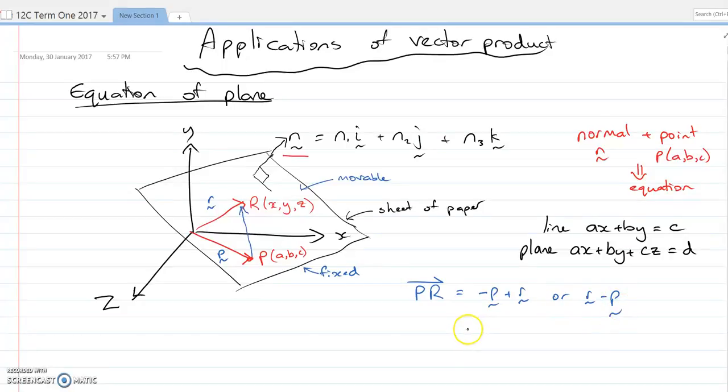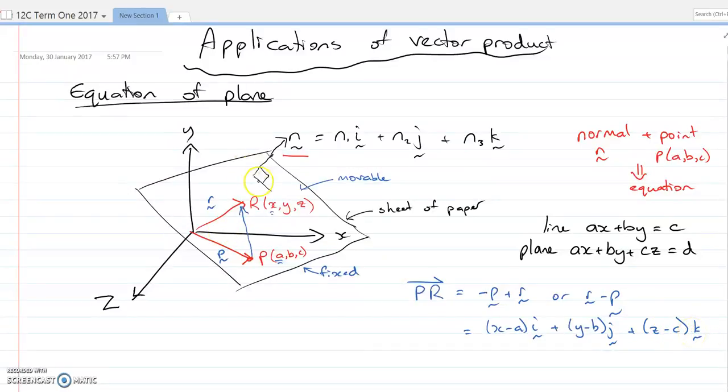Using ijk notation, if you look at the x coordinate, we're going from a to x, so that is x minus a. That is our i coordinate. Same thing for the y: y minus b for the j, and z minus c for the k.